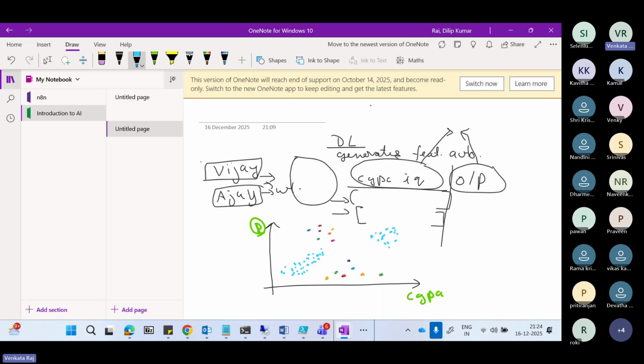So how will it draw a relationship between placed and CGPA? It will try to draw a graph like this.